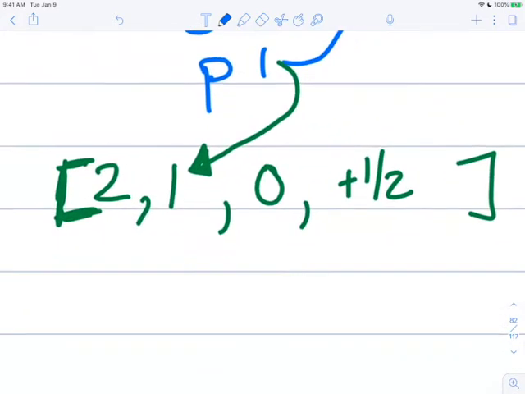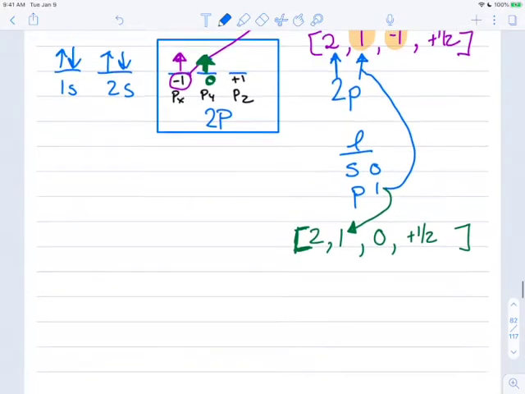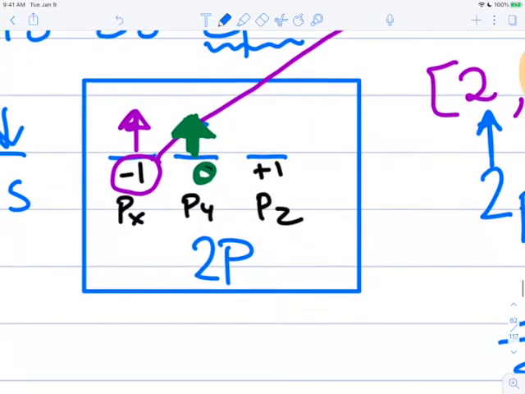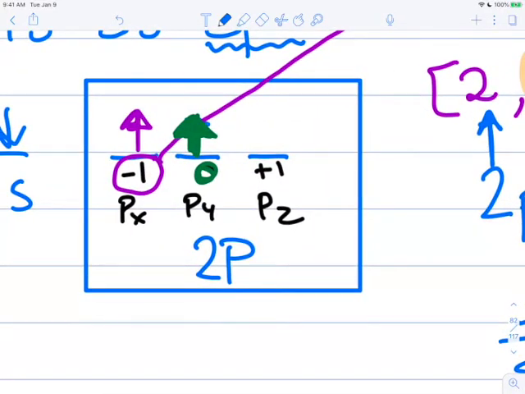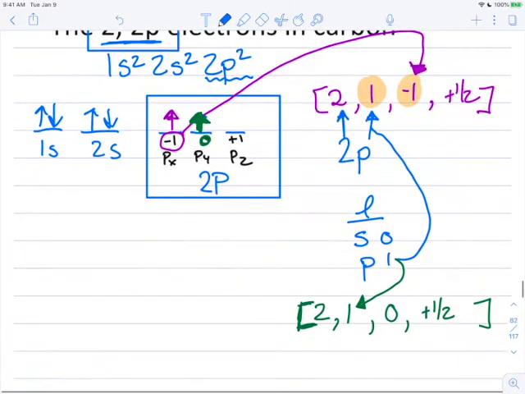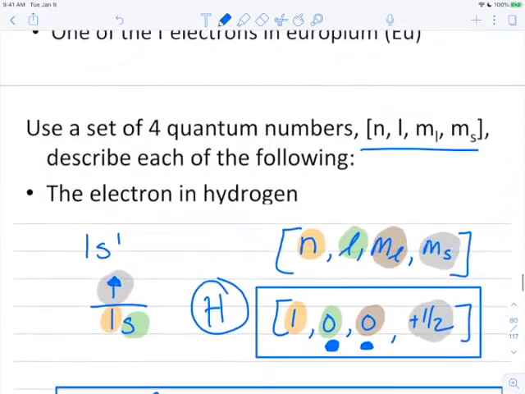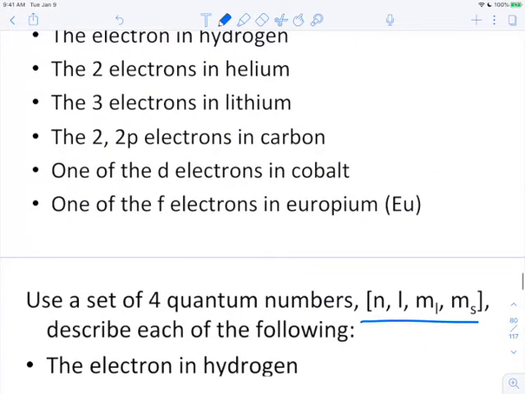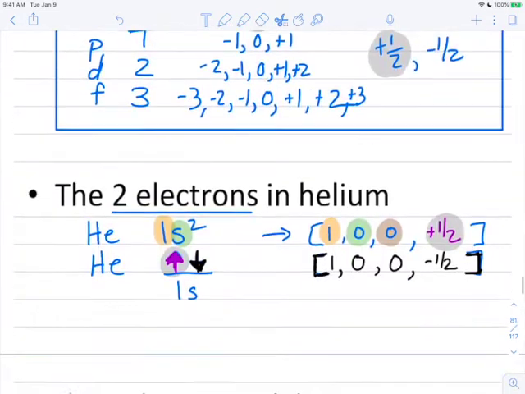But again, quantum numbers, this is all I'm looking for. You don't need to draw this, but I find it helpful to do it, and you might as well. Okay, other questions so far? All right, so let's keep going. So next up, we're going to do one of the d electrons in cobalt.